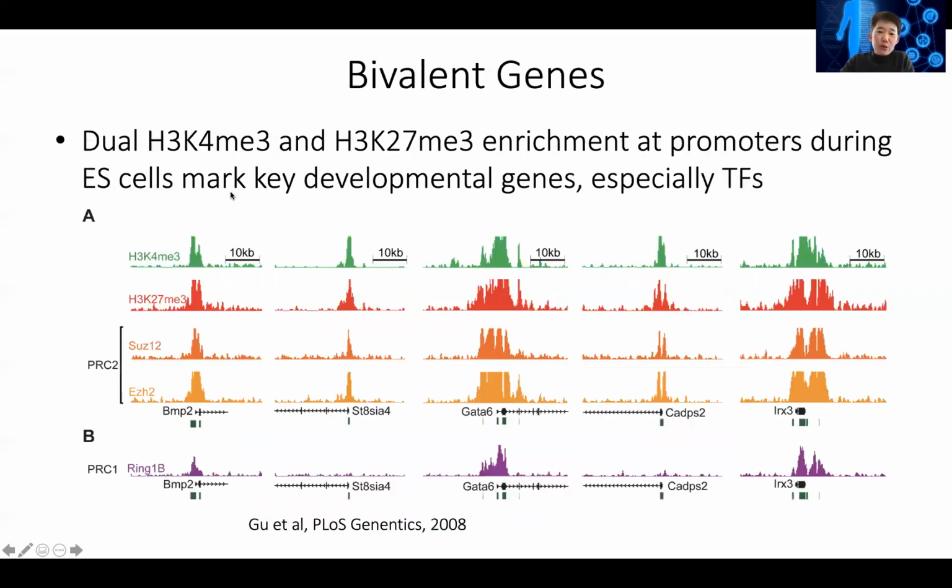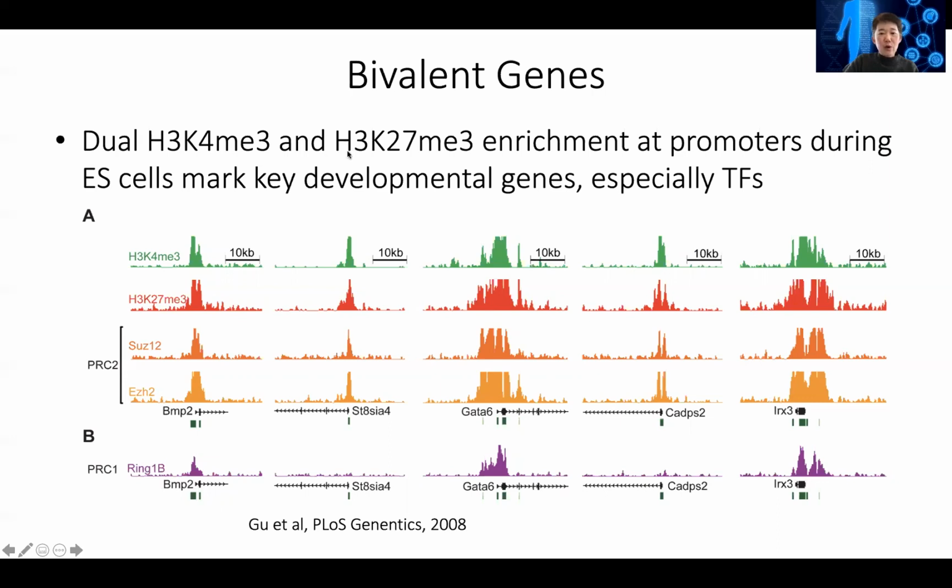There are also genes that are marked by what people call a bivalent domain. This is, again, a seminal study from Brad Bernstein's lab, but the figure is coming from a different paper. We mentioned that in the embryonic stem cells, there are active genes, or at least genes poised to be activated, marked by H3K4 trimethylation.